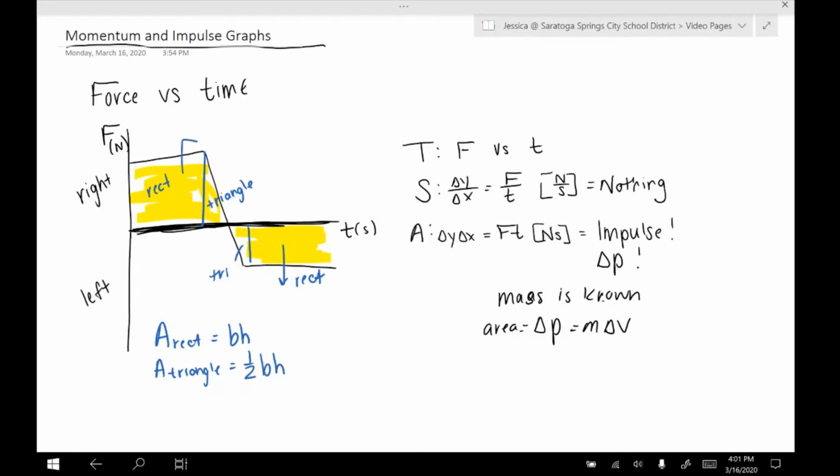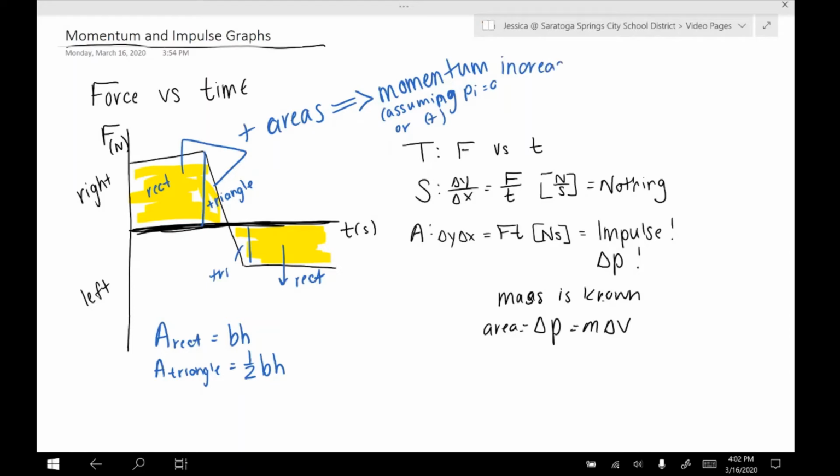These two areas up here would be considered positive areas. In these areas where we have positive areas, that's going to mean that our momentum, assuming our initial momentum of 0 or positive, is going to be increasing in that section, which means we're also going to have increasing velocity.